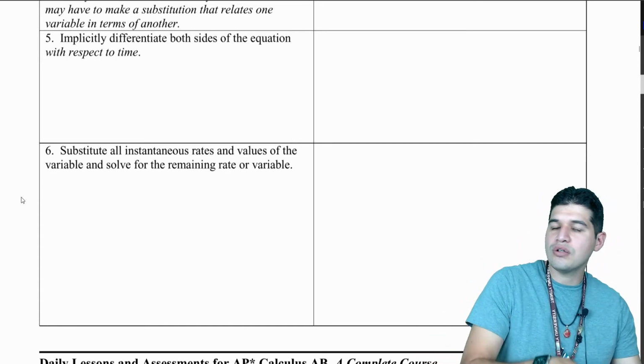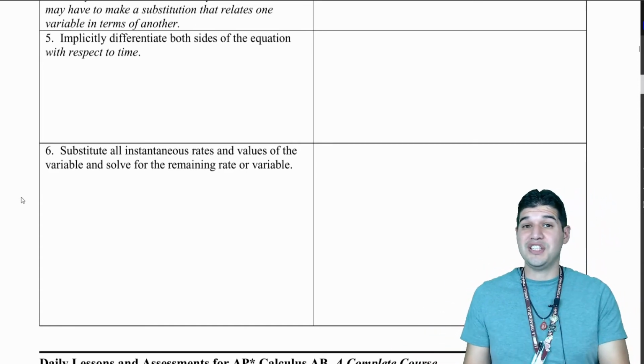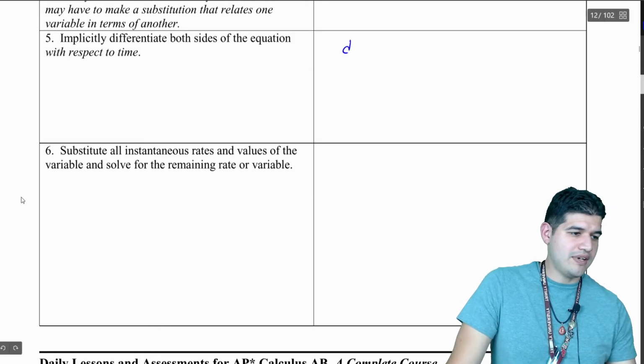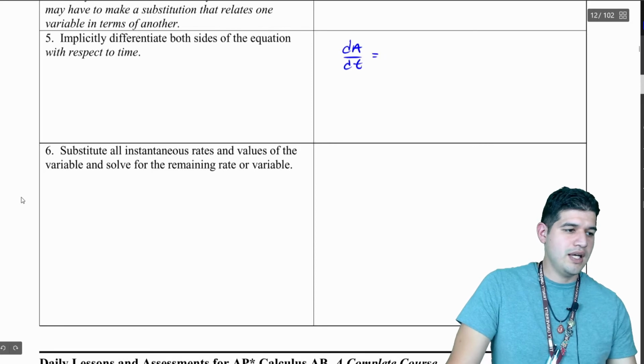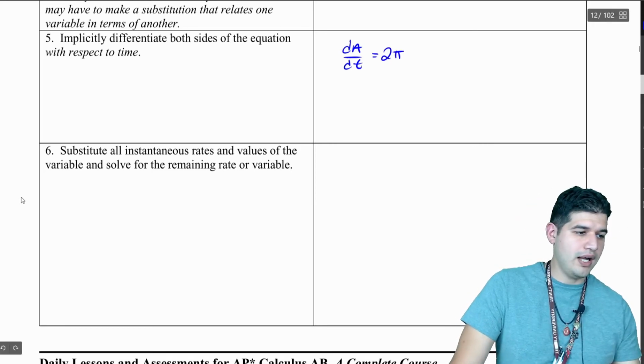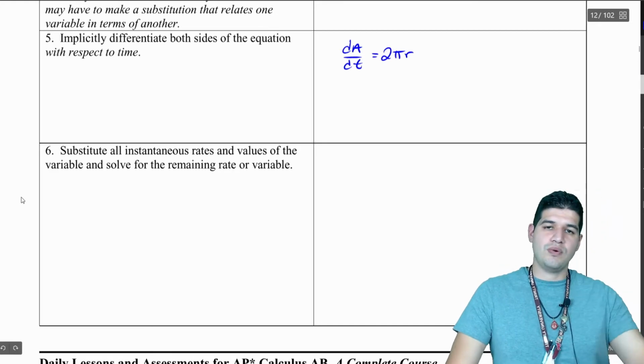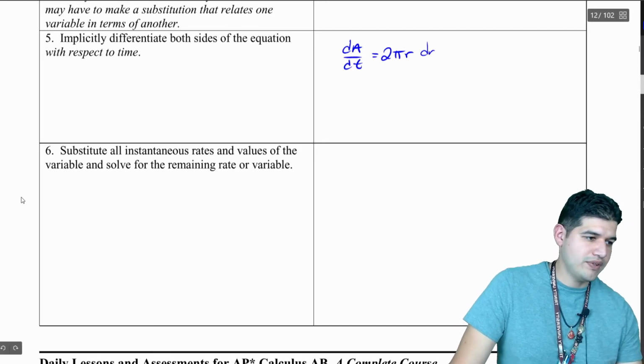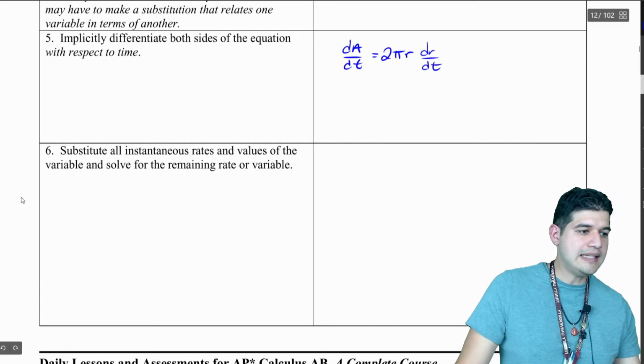Without looking at my notes, I'm just implicitly differentiating here. So here I've got dA dt, because it's with respect to time, equals pi r squared. So the 2 is going to go down, so it's going to be 2 pi times the radius, subtract 1 from the exponent, and we've got our breadcrumb dr dt, okay?